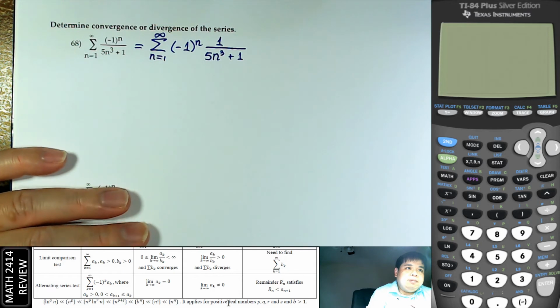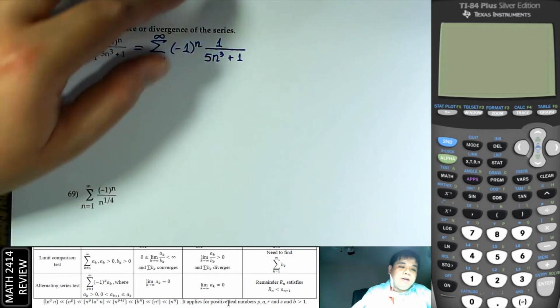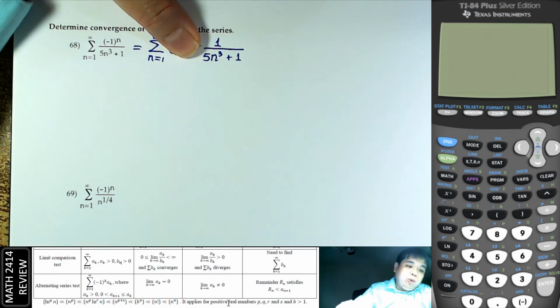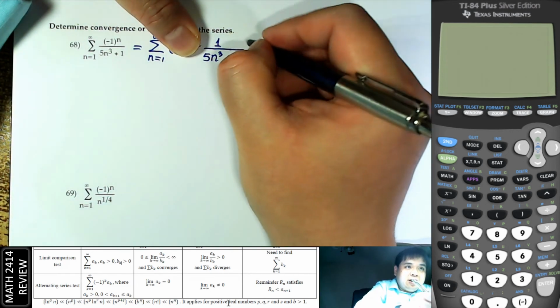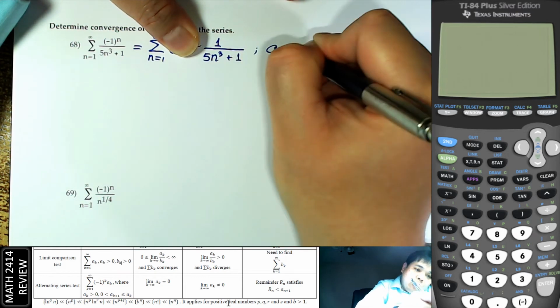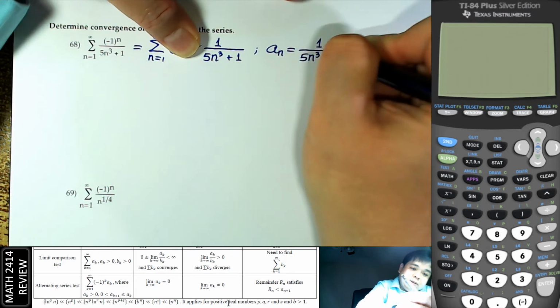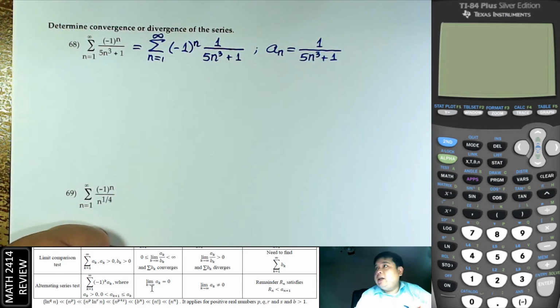Now, this is the alternating factor. Excluding that, we're going to write a sub n is 1 over 5n cubed plus 1. So remember, in the alternating series, a sub k is the one without the alternating factor.